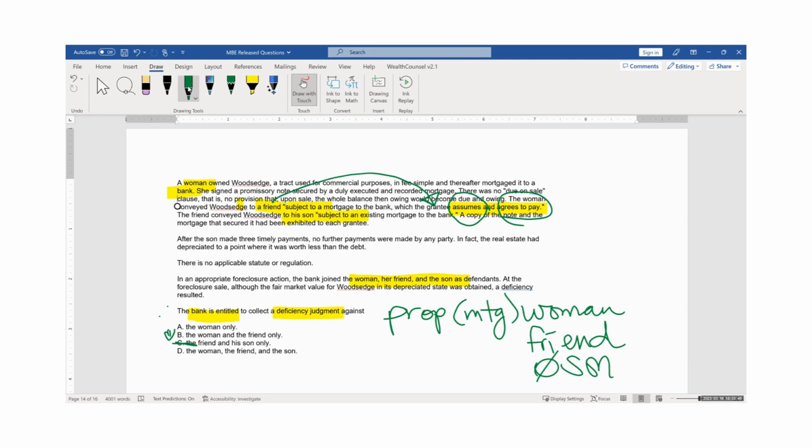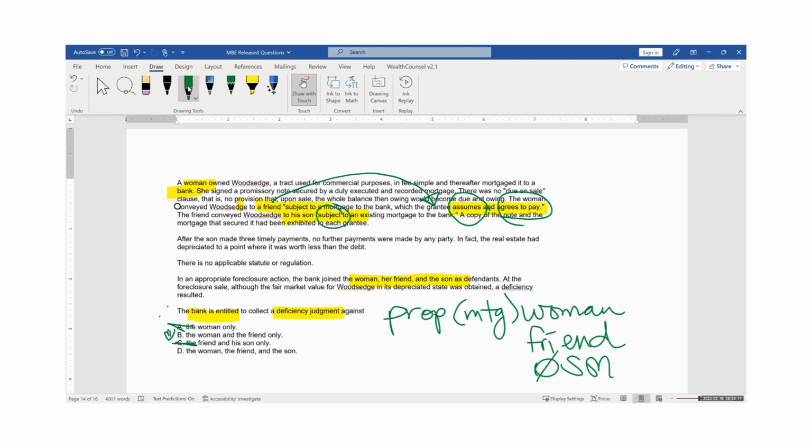Now, if you are able to see that the friend is also responsible, you can eliminate A. So you at least go down to B and D and have to decide whether or not the son is also responsible.